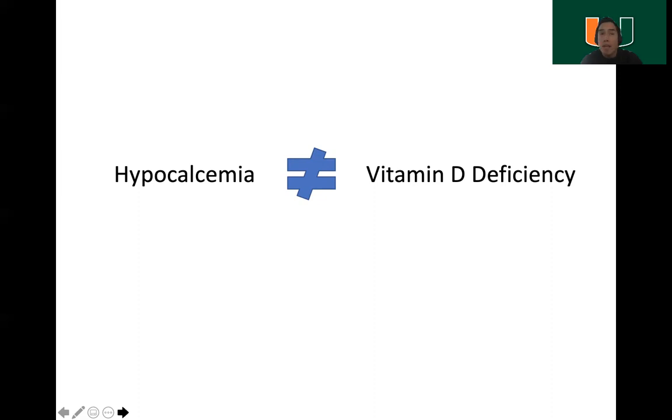I would explain later that the majority of patients with vitamin D deficiency do not have hypocalcemia unless it is very severe and the duration of vitamin D deficiency is prolonged. Otherwise, we don't usually see hypocalcemia in patients with vitamin D deficiency.